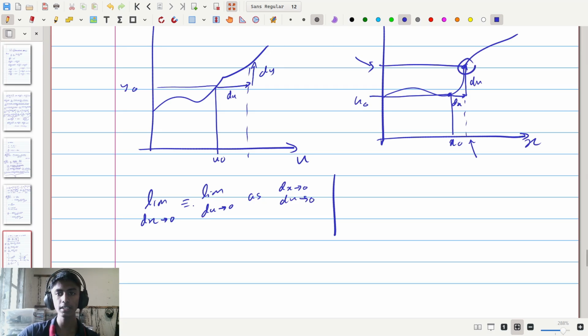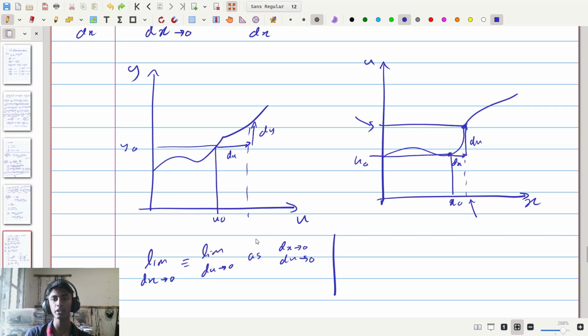When this point here gets super close to the point of interest over here, du and dx both converge to 0 at the same time. So therefore, writing the limit as dx approaches 0 and writing the limit as du approaches 0 are the same.